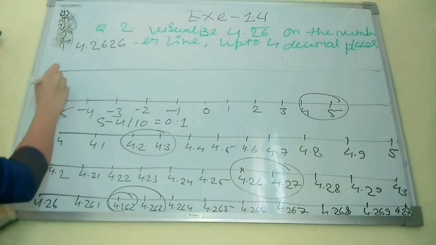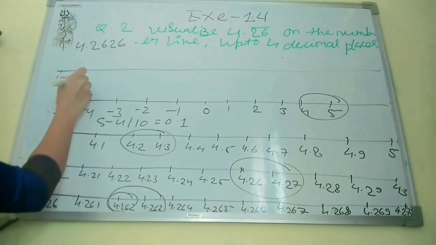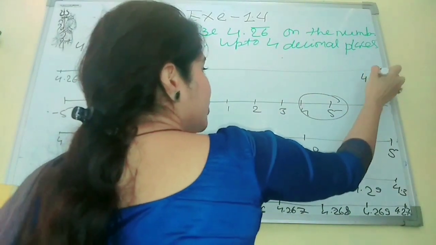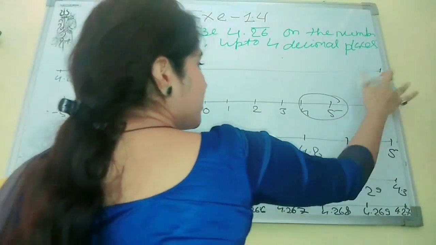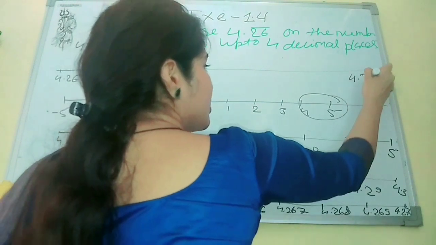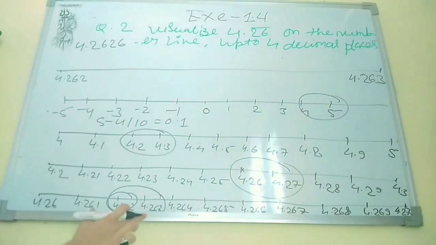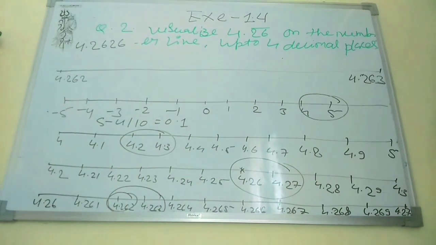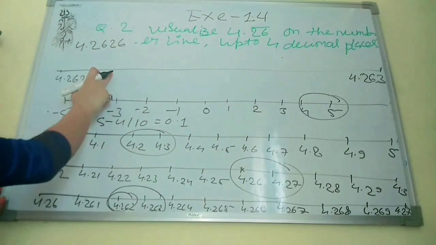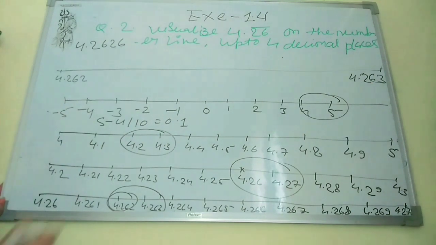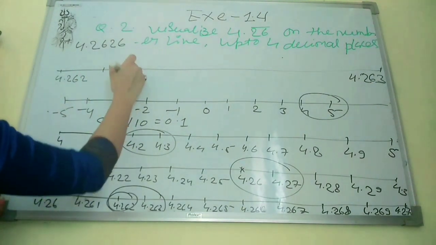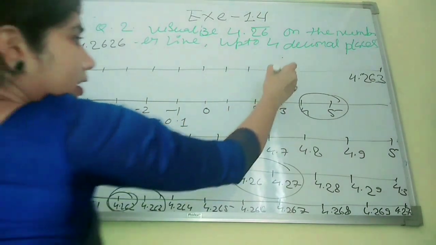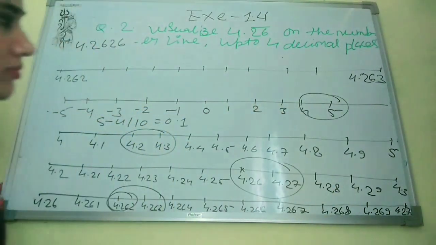So this will be the 4.262 position, and this will be 4.263. We are magnifying this portion. Again we will divide it into 10 equal parts: 1, 2, 3, 4, 5, 6, 7, 8, 9.